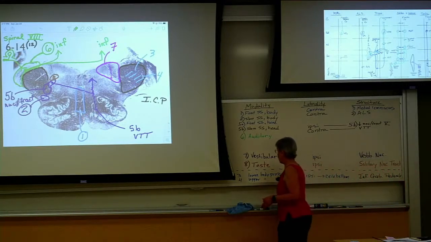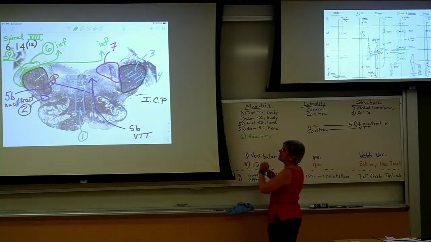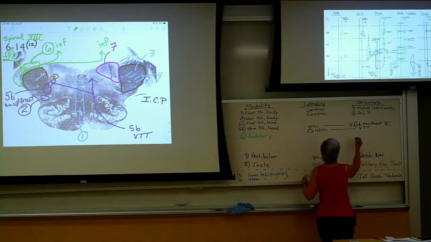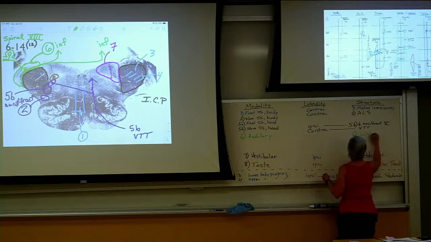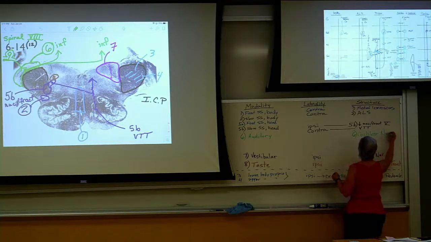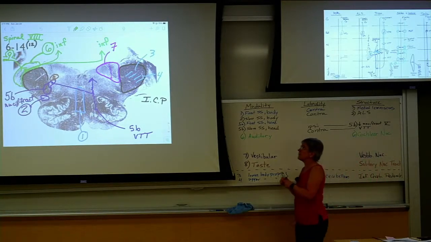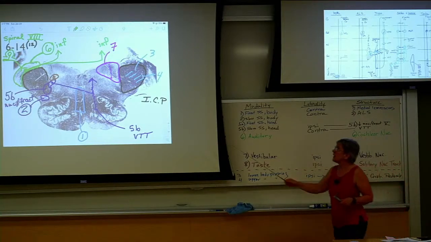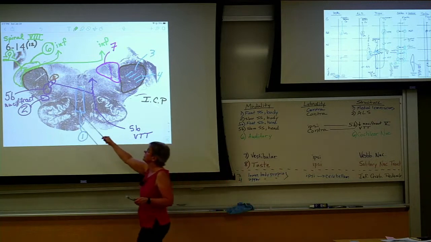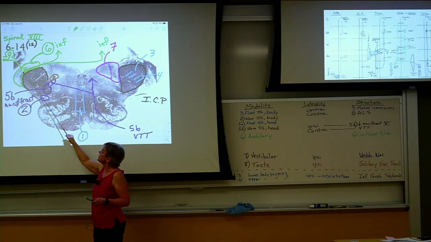But the nucleus that we can see right here is the cochlear nucleus, and this is the first of the prethalamic relay nuclei. So we have a primary sensory afferent making its first synapse right here.